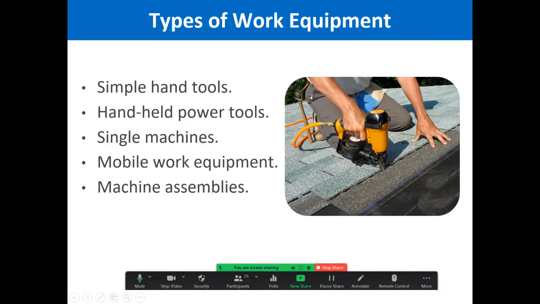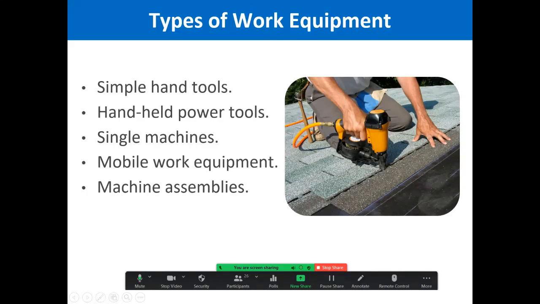Then we have single machines, single units of machines. We might have mobile work equipment. Mobile work equipment is the equipment which can move from one place to another. Then we have machine assemblies.